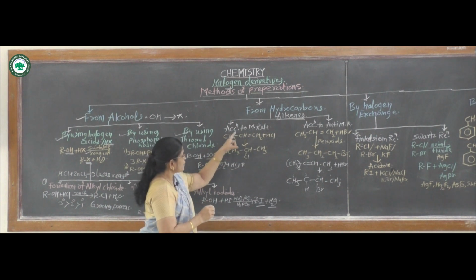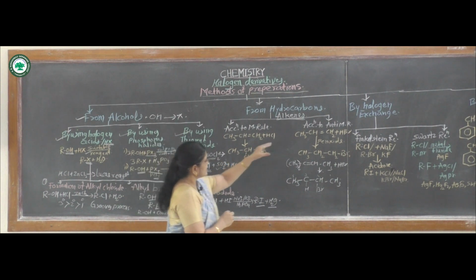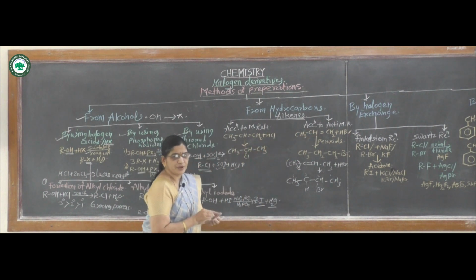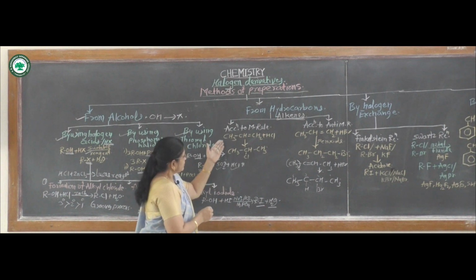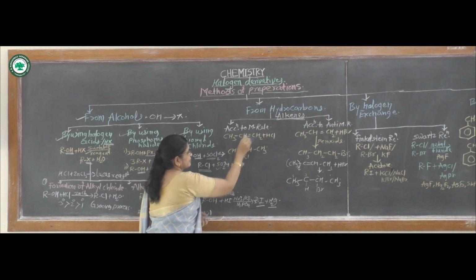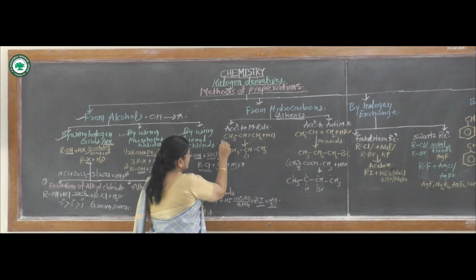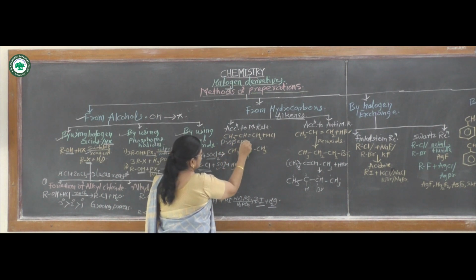First, according to Markovnikov's rule. And second, according to anti-Markovnikov's rule. One example of Markovnikov's rule is CH3 CH double bond CH2. The name of this alkene is propene.